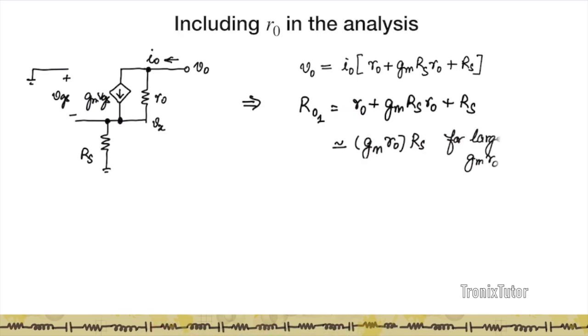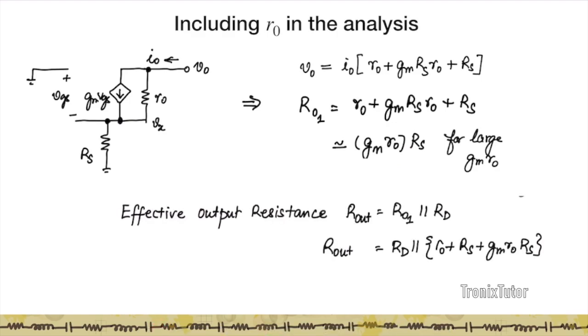And for most cases, if gmR0 is very high, we approximate this as gmR0 RS. So this is going to be the output resistance of the circuit that you're looking at without RD. And so the effective output resistance is going to be RD parallel R0 plus RS plus gmR0 RS.